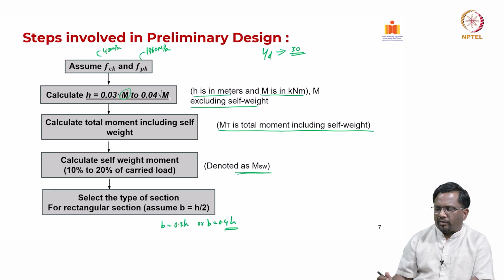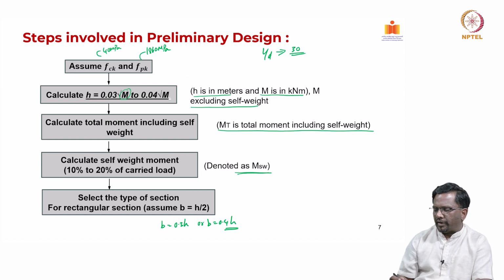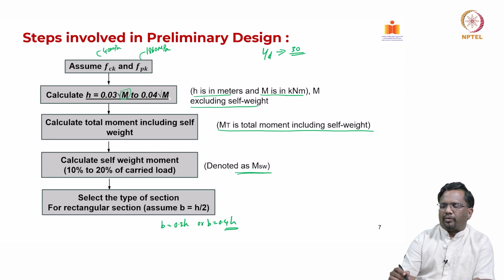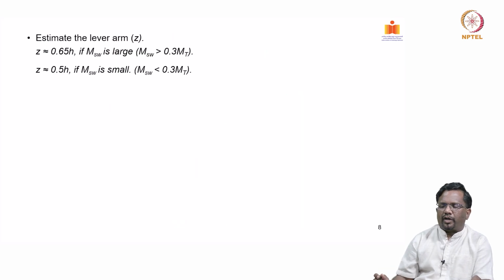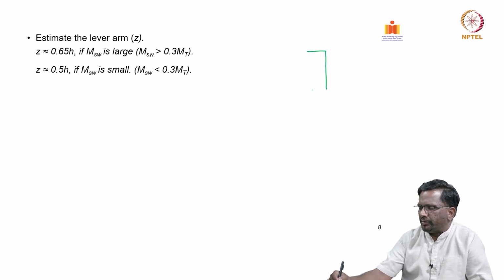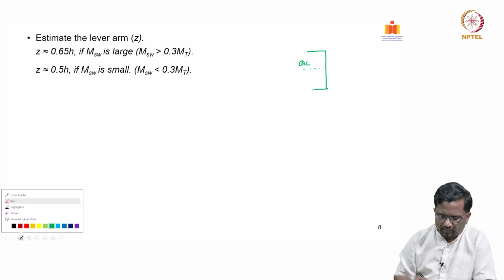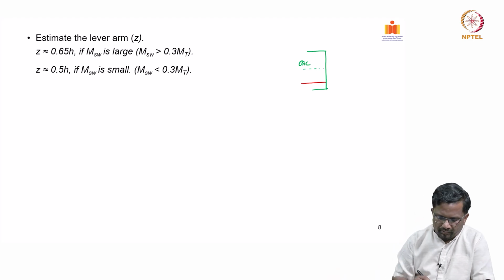Now, you see here, we have assumed this, and from here we have calculated what should be the depth that is required and so on. Now, we can go ahead and calculate, as we have seen in your analysis. If you remember, this is your CGC and this is the level of your tendon.